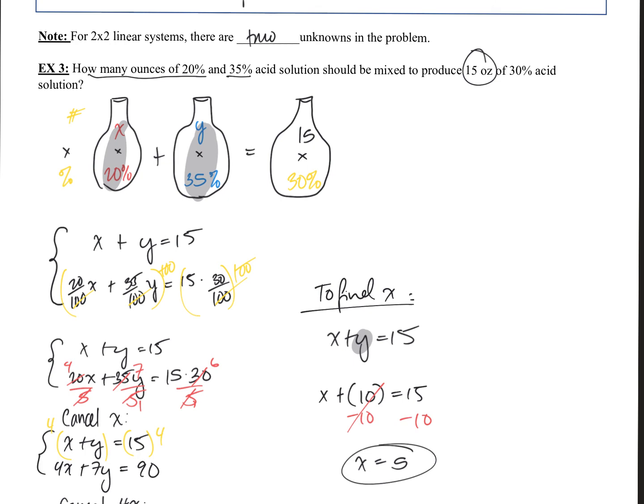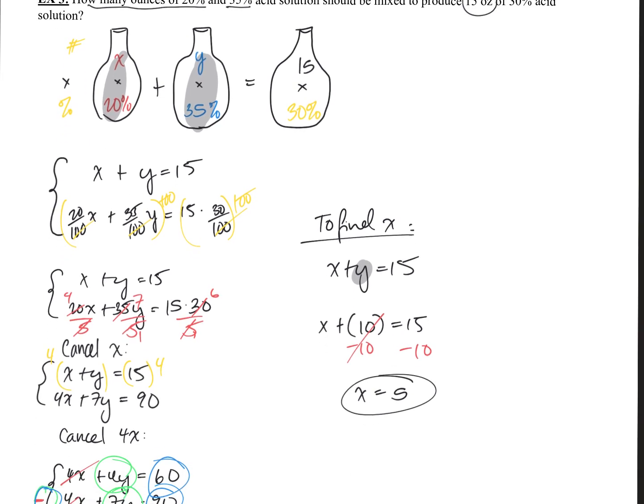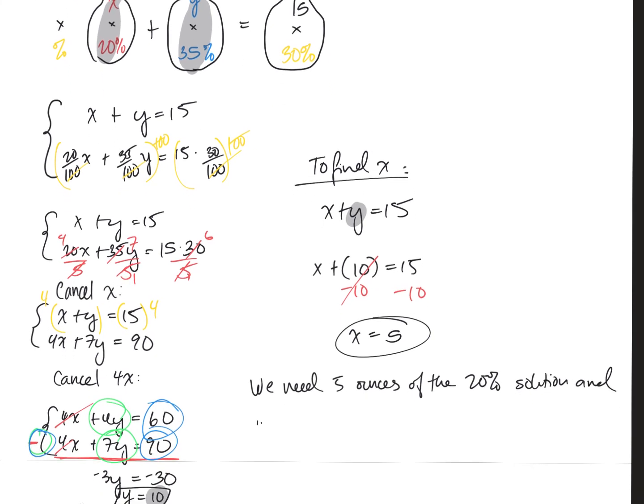So we need 5 ounces of the 20% solution and 10 ounces of the 35% solution. Period.